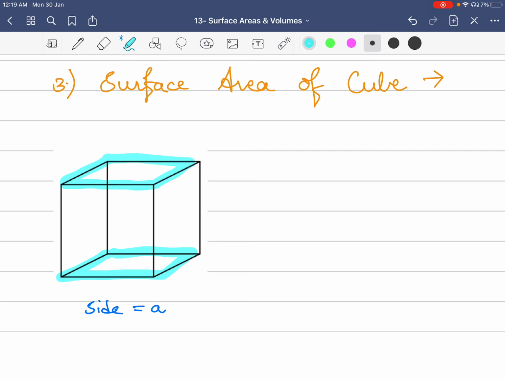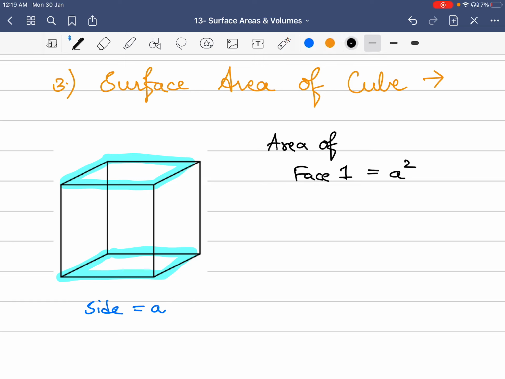What is the area of this face? It's a square. So the area of face 1 is a into a, which is side into side. This side multiplied by this side is the area of the square.